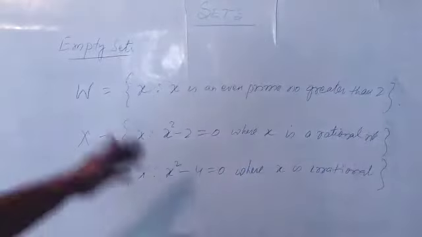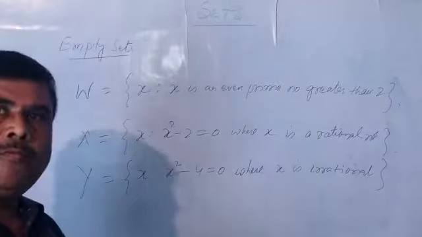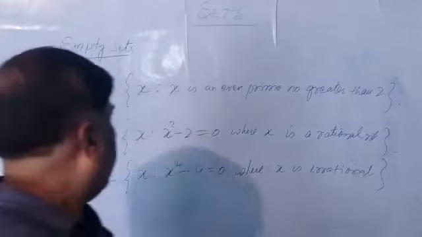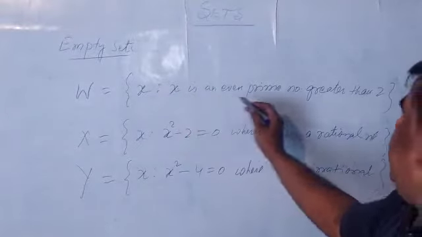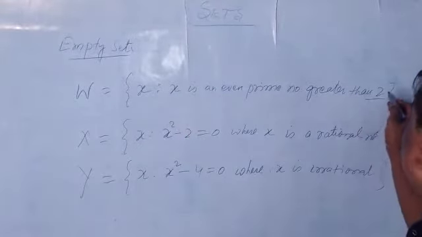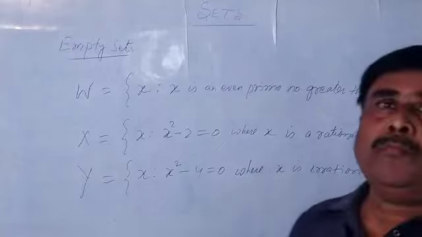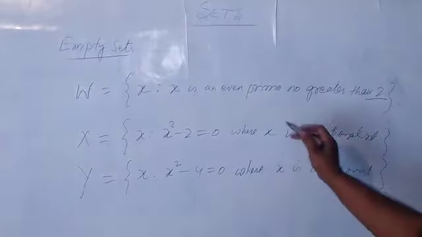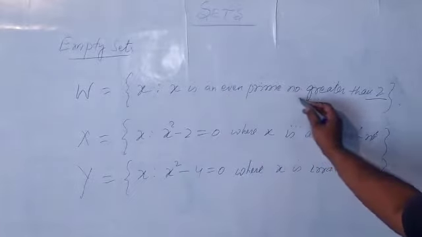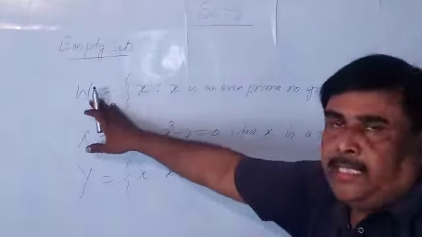If we observe all these examples of sets one by one, here we find that there is no even prime number except 2, so there is no element in the set W.